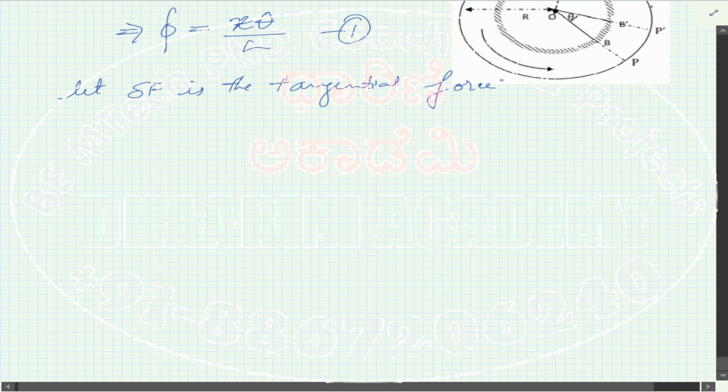How do you calculate the tangential stress? Stress is nothing but force by area. Force is delta F, and the area is 2 pi into radius, that is x, into dx. So this is equation number 2.